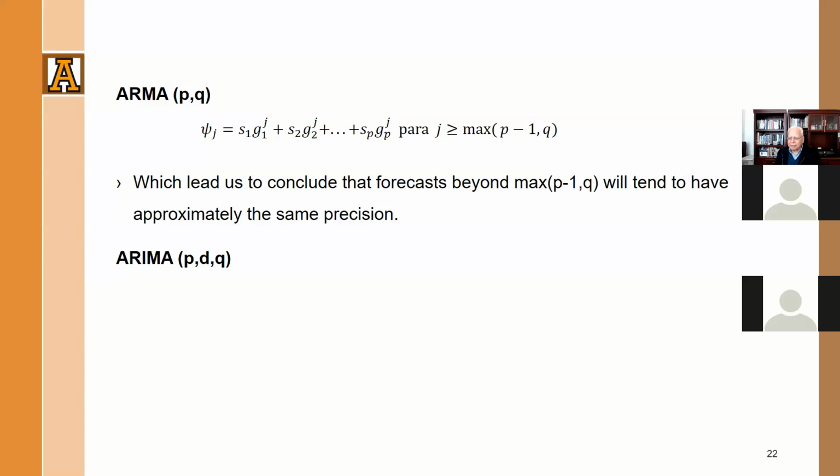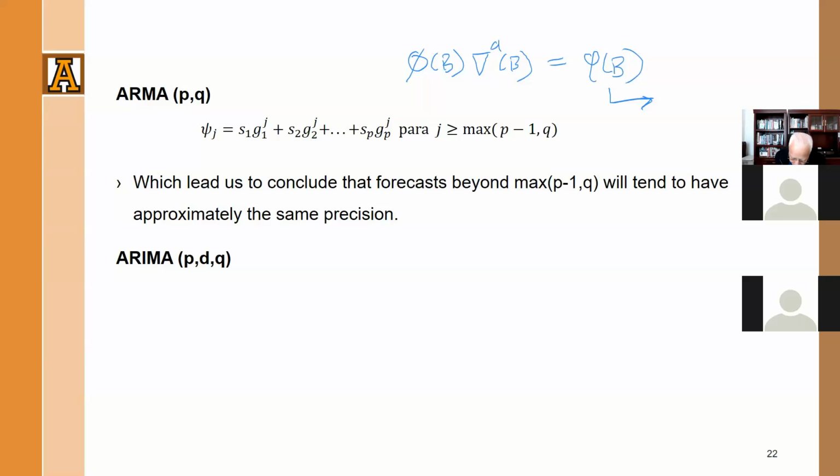Now, if we have an ARIMA(P,D,Q), that is, if we took differences, remember that when we take differences, we're taking phi of B times the difference. This polynomial no longer has its roots outside the unit circle.